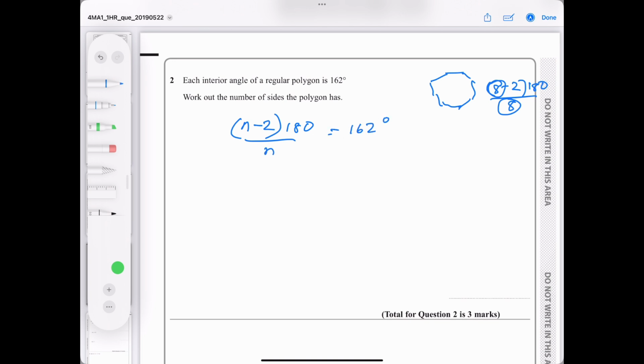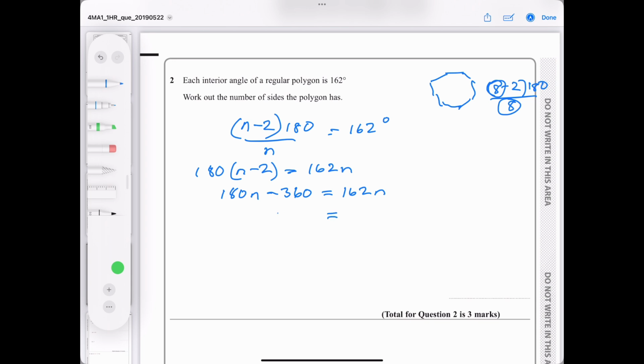We'll times everything out by n, so that would be 180 times n minus 2 equals 162n. We'll expand the brackets, so 180n minus 360 equals 162n. I'll just take 180n off both sides.